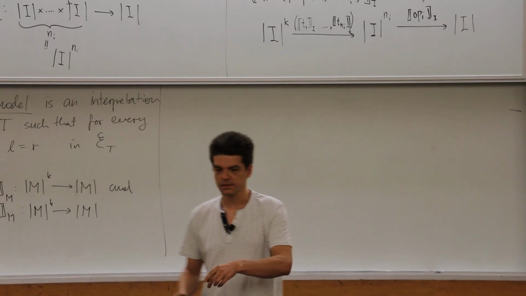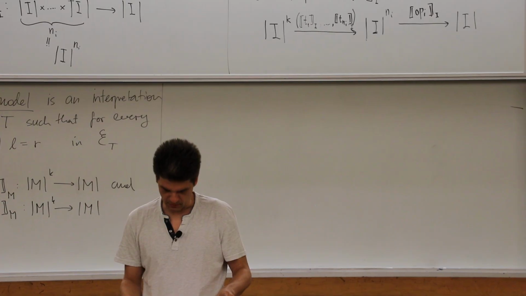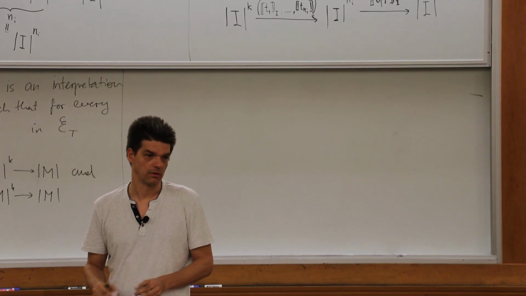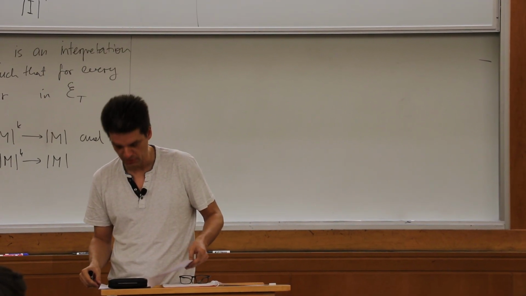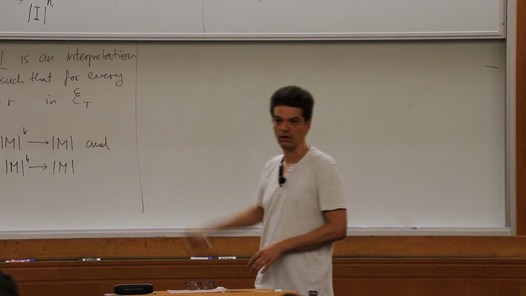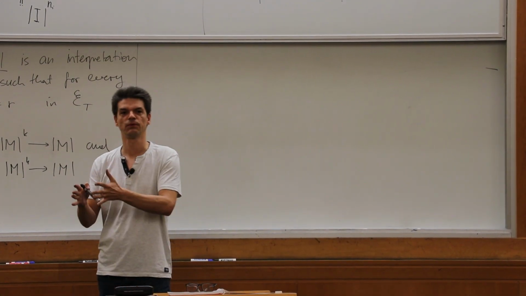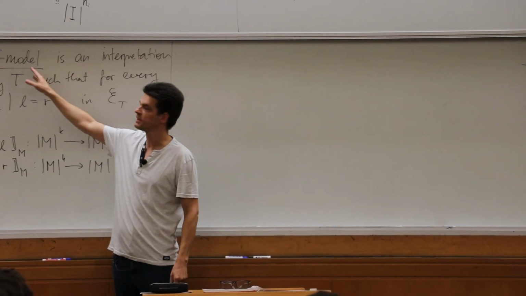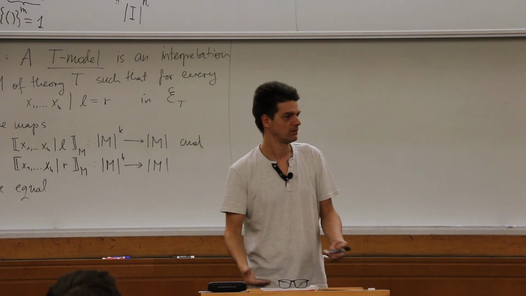In the written notes, at this point, I think I go slowly through some of the examples that I'm not going to cover right now, but you can have a look at them, and I actually laboriously go through the interpretation of something or other, just to see how this really works. For instance, now you should convince yourself that if you take the theory of a group, and you work through this, and you say, what is a model of the theory of a group? You should get the usual definition of a group.